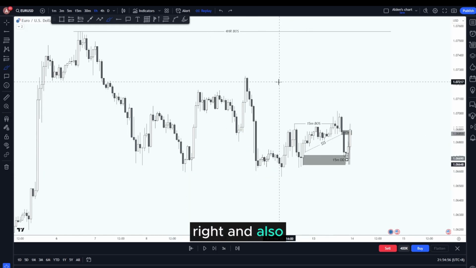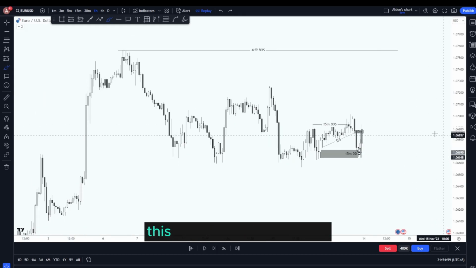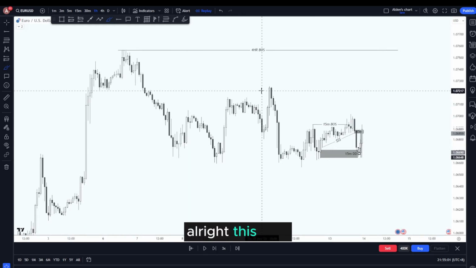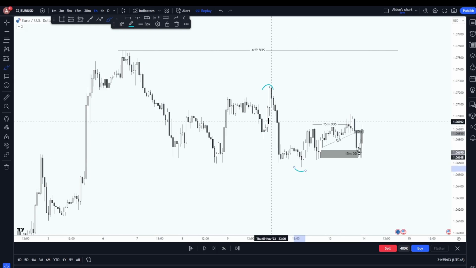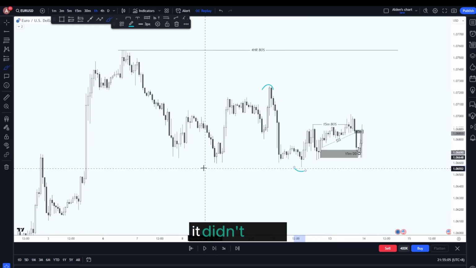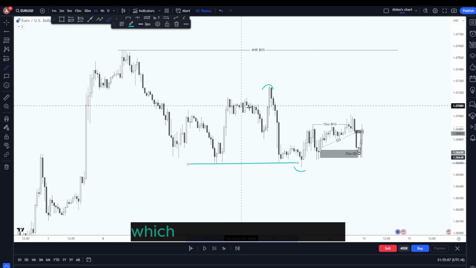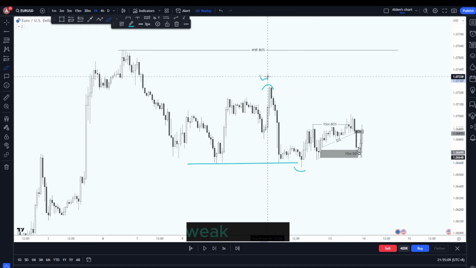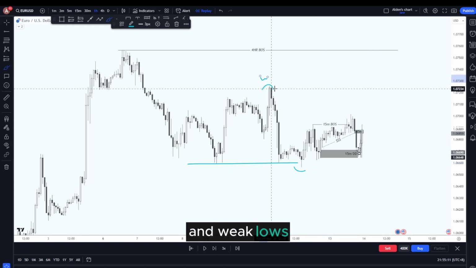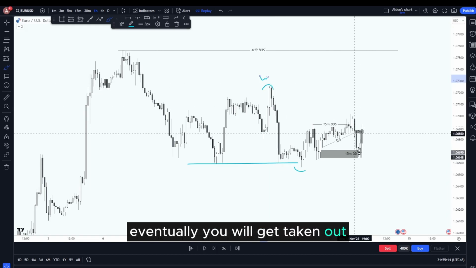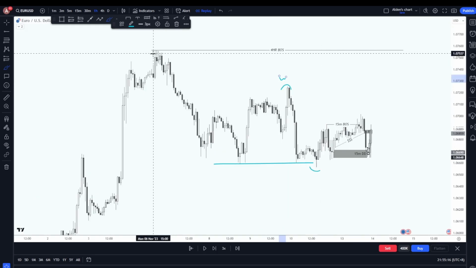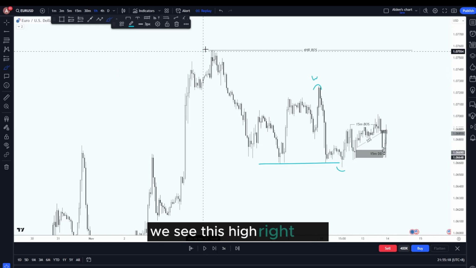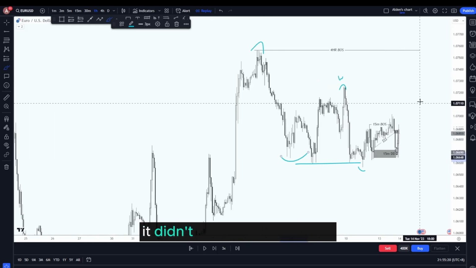And also, if we take a look at this price action right here, this high created this low, but this low didn't break anything. It didn't break this structure here, which also tells me that this is a weak low. And weak lows eventually will get taken out in the high time frame. Same thing: we see this high right here created this low here. It didn't break structure.